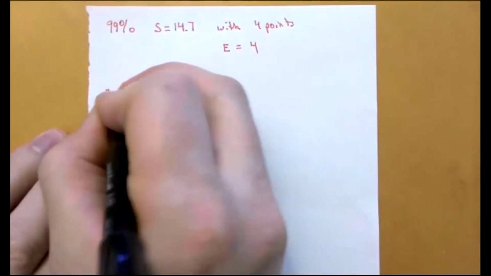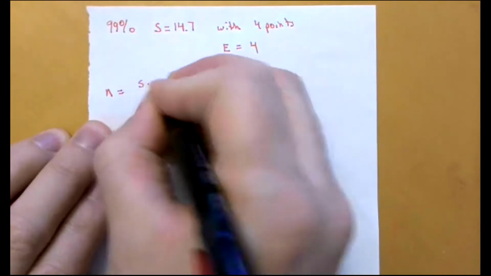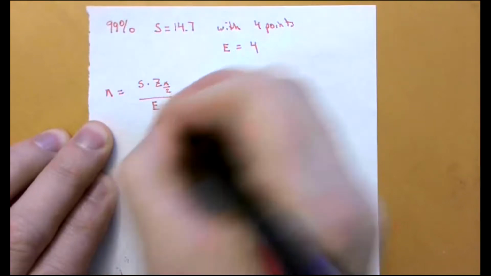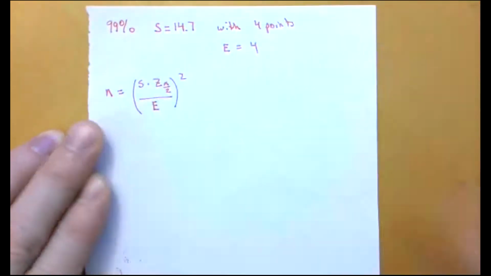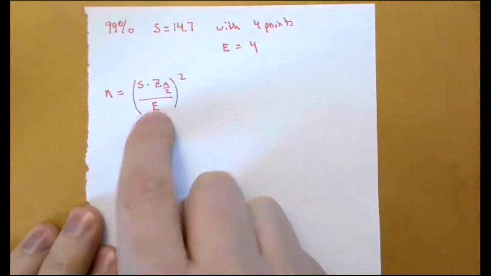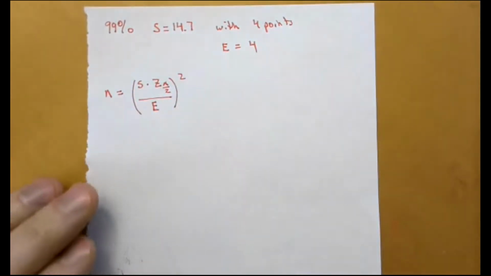And then it says, how many subjects do we need? Well, we need to use the formula N equals S times Z alpha divided by 2, all divided by E, all of that squared. So I have to identify these 3 things, then plug them into my calculator and we're done.